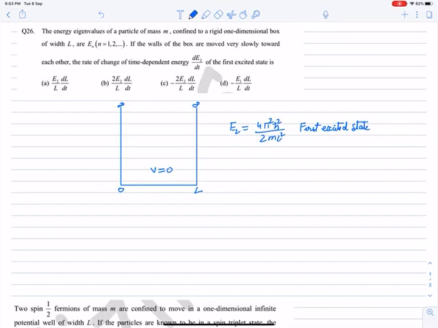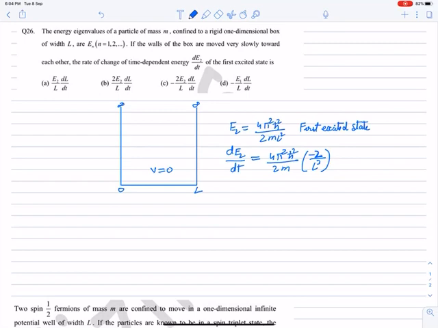So we should differentiate it. 4 is constant, pi square is constant, h cut square is constant, 2m is constant, and differentiation of L square will become minus 2 upon L cube.